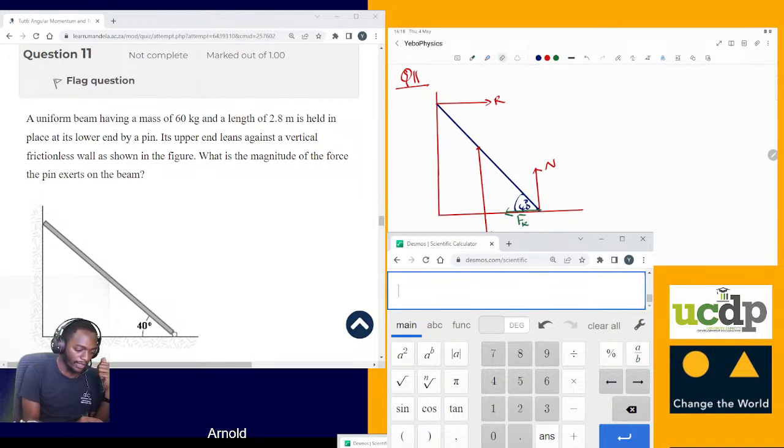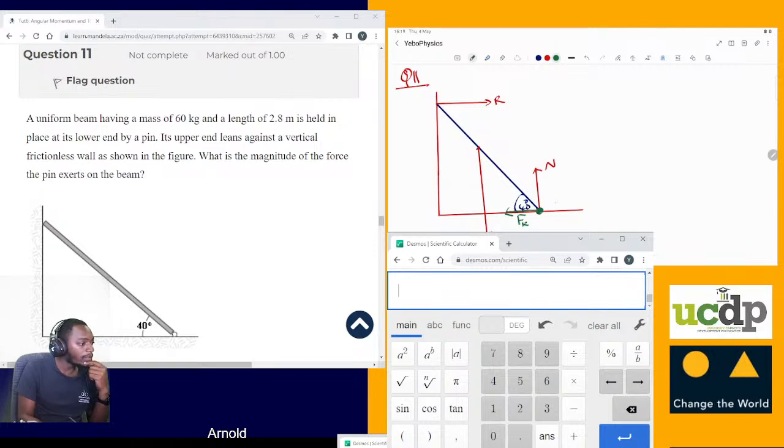So we are then asked to find the force that this pin exerts, which means the resultant of these two forces.